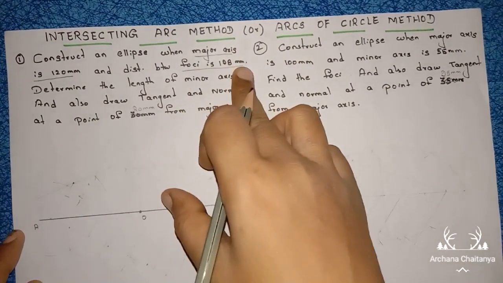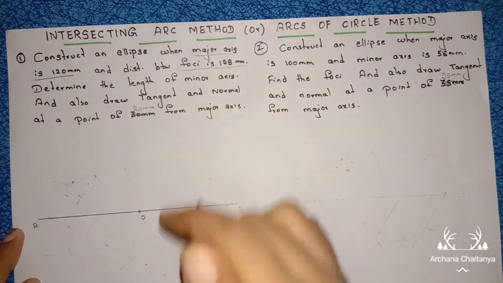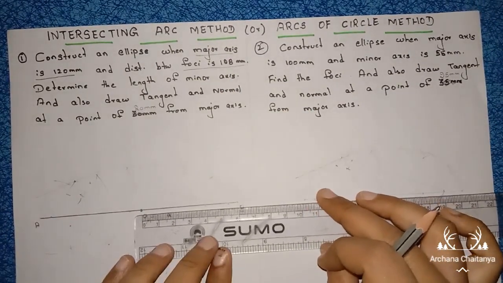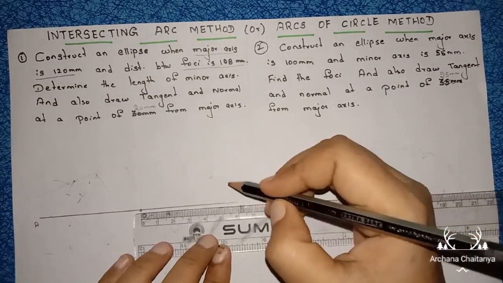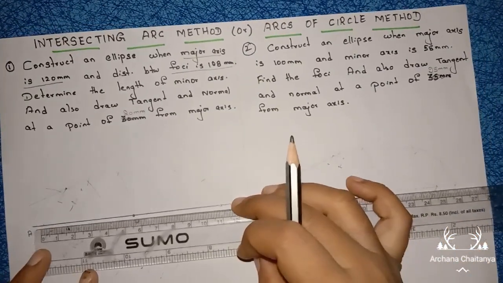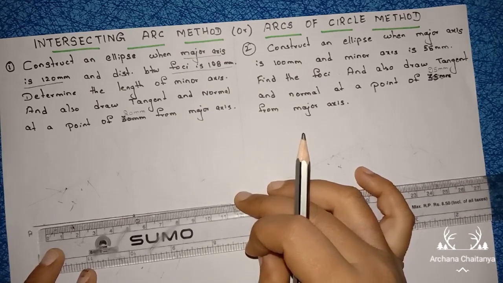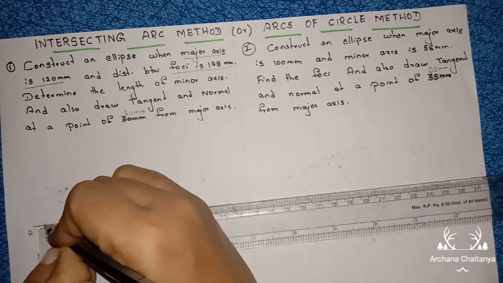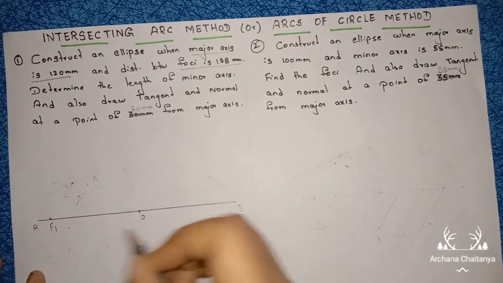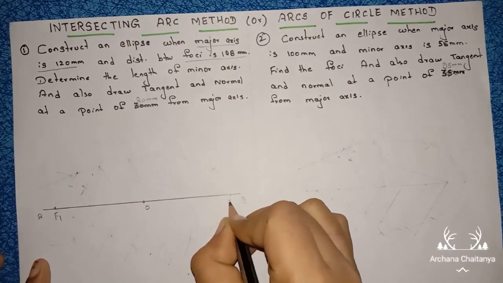Now the focus distance is 108 mm. So from the midpoint, take 54 mm distance and mark the point. Again from the midpoint take 54 mm distance and mark the point. Name one point F1 and the other F2.